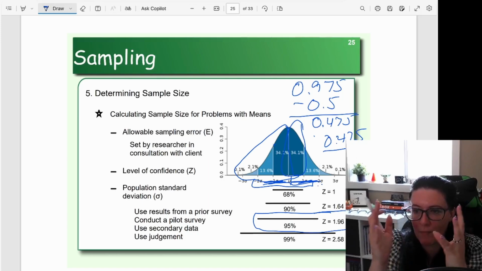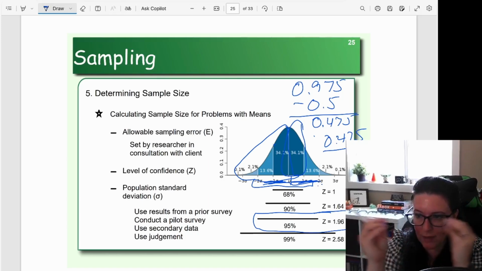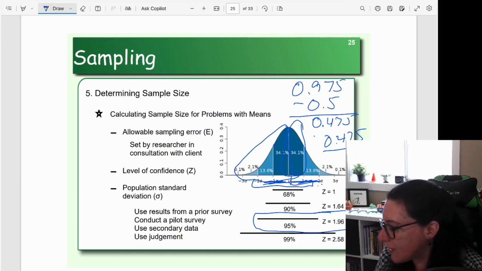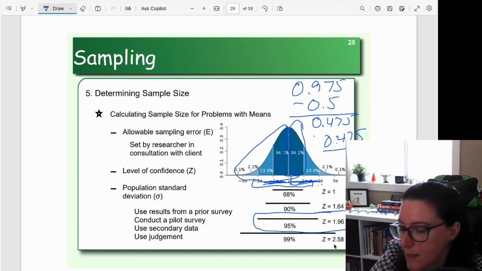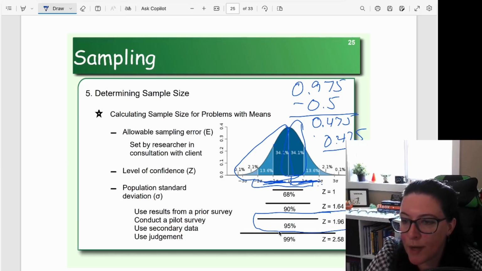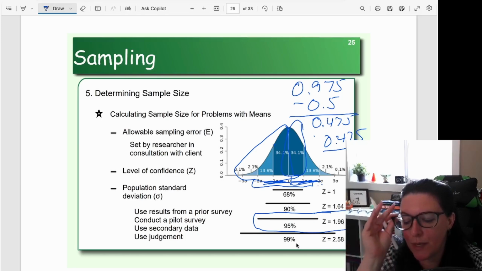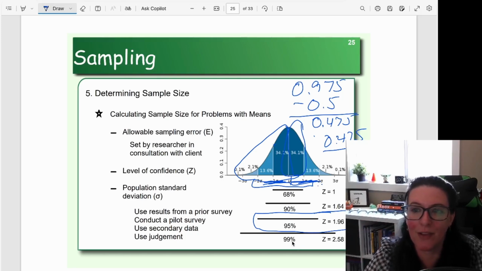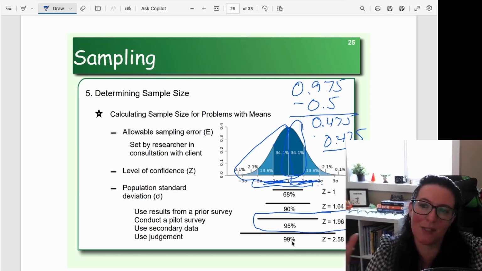If we want to make sure that we're close to that population average 95% of the time, then we're going to use a Z score of 1.96. If we want to be more accurate, we're not willing to be wrong. So we need the averages to be close to that population average more often. Then of course you need a bigger sample size for your sample to be more like the population.